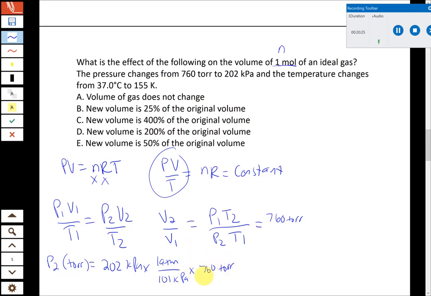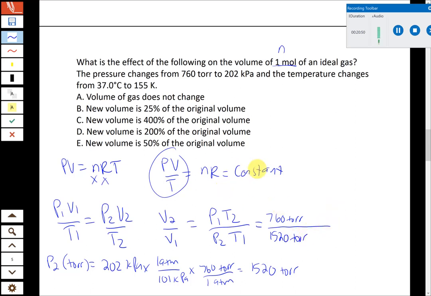There is a direct conversion between them, but I don't know what that is, so we'll just use it in 2 steps. We'll go 202 kPa to atmospheres, that's 2 atmospheres, and then times 760 torr, so that's going to be 1520 torr is P2, so it's going to be 1520 torr in the denominator.